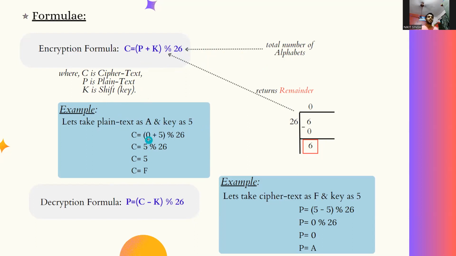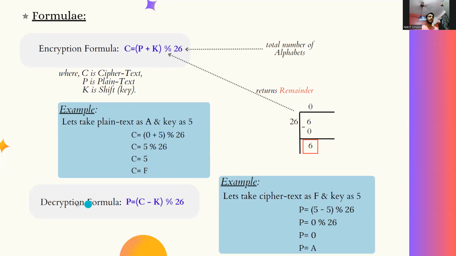P is 0 because the value for A is 0, for B it is 1, for C it is 2. So the plain text value for A is 0, plus key 5, modulus 26. I get the answer 5. Now 5 represents the letter F. So this is the cipher text for the plain text A.